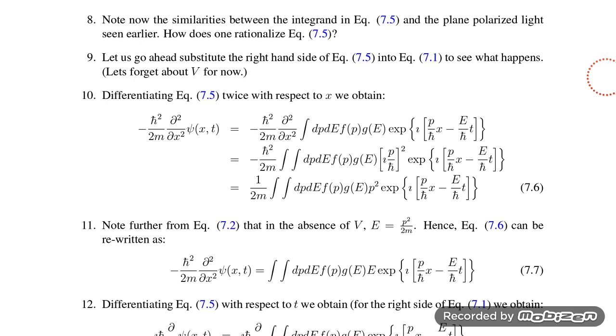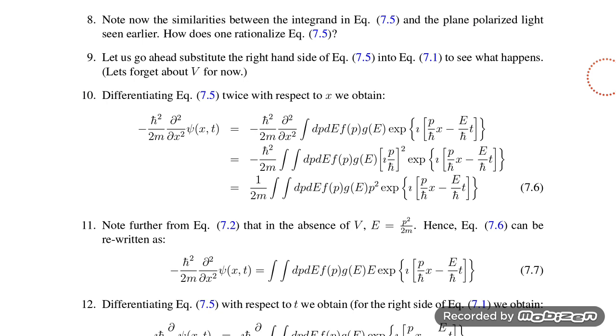Differentiating equation 7.5 twice with respect to x, we have minus h cross square by 2m del square divided by del x square of psi of x t. By differentiating, we get minus h cross square upon 2m del square by del x square.